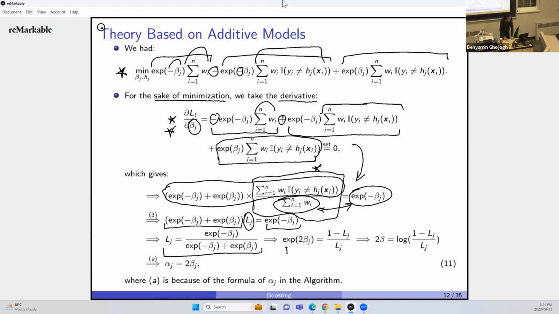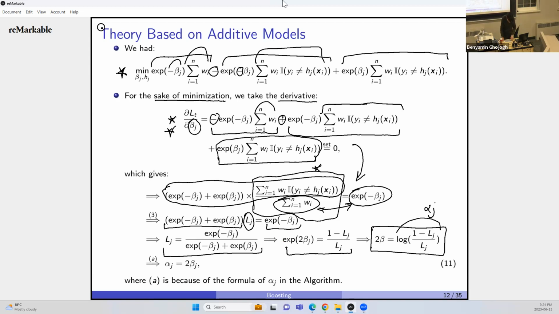And this was the formula for alpha j. Exactly. We are deriving the formulas in boosting. So take logarithm from the sides, it will give you this. And this was alpha j.